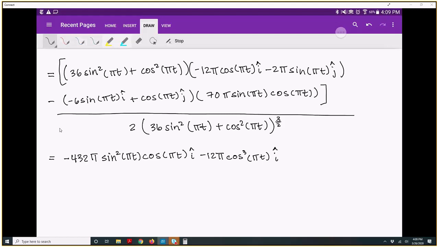Then I should get minus 72 pi sine cubed of pi t j cap, minus 2 pi cosine squared of pi t sine of pi t j cap.